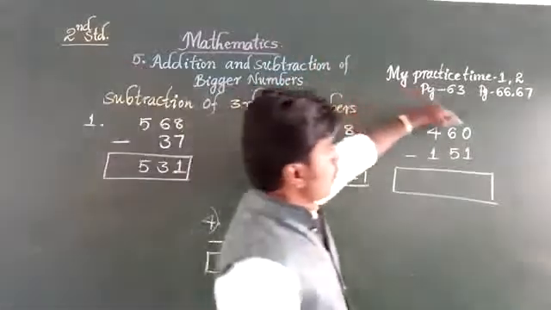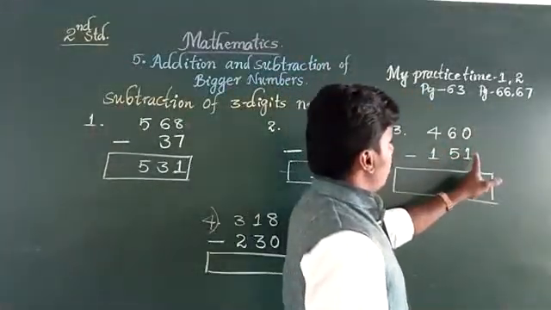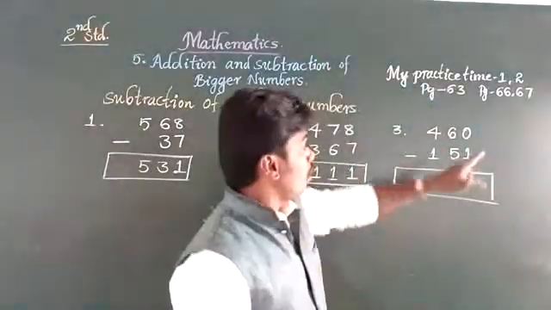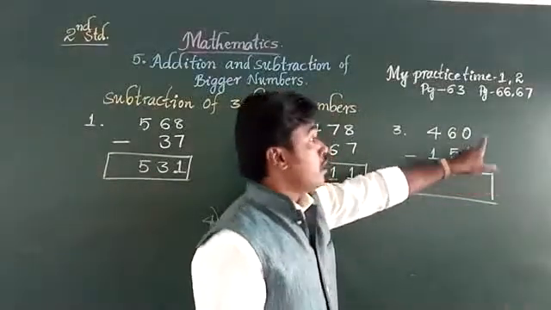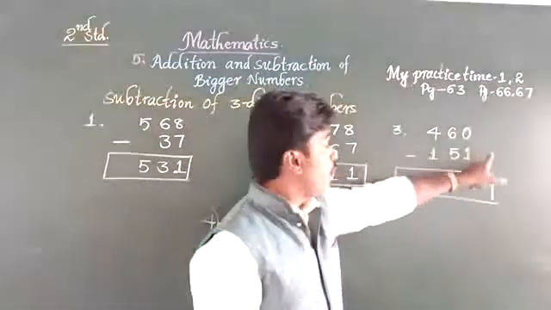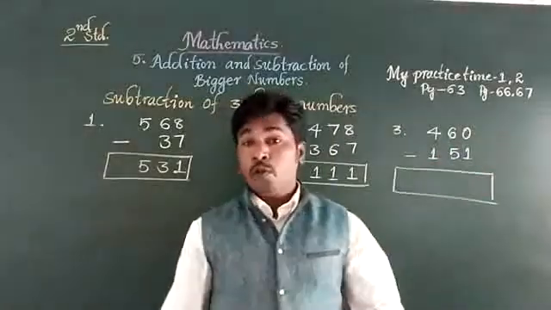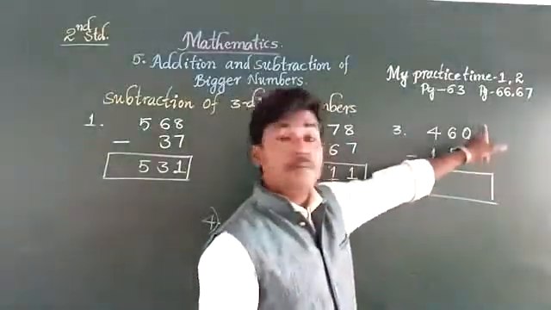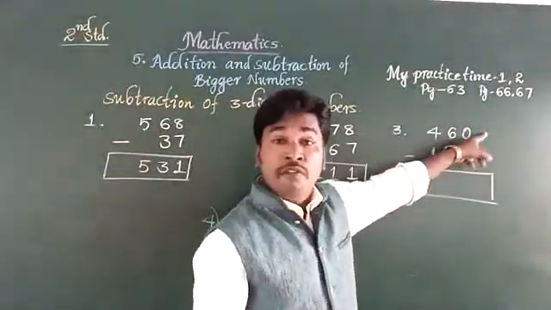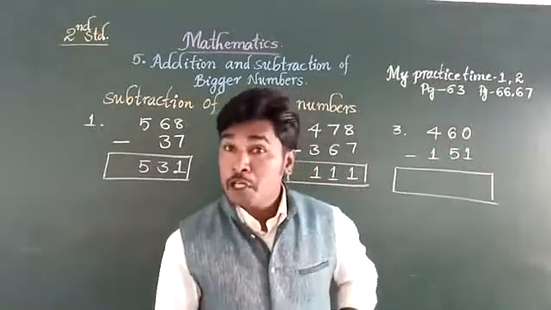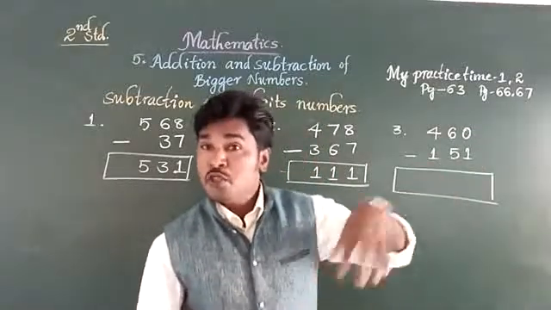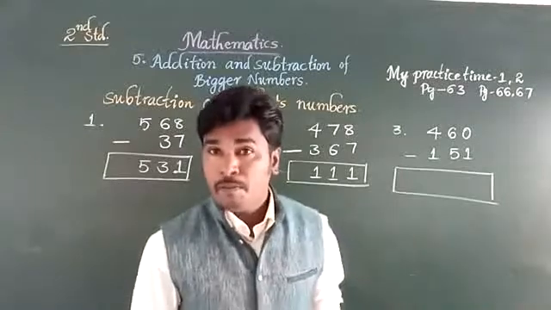So observe here, 0 minus 1. Here 1 is greater than 0, so you cannot subtract 1 from 0. When you do not have money in your pocket, what do you do? You may ask your father or mother.